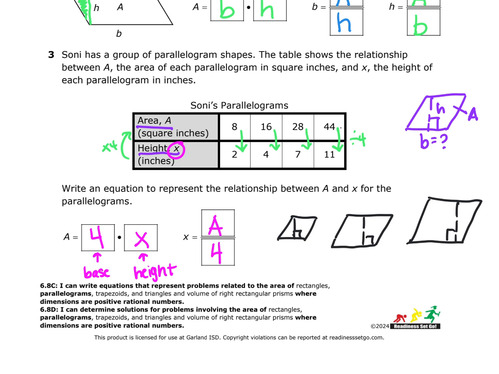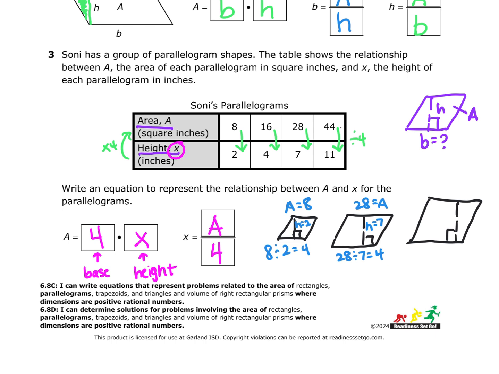We know that my area, given the data here, is 8, and my height is 2. How do we figure that out? We did 8 divided by 2, which gives me 4. The next one, let's just do 28. 28 equals my area, and my height is 7. How do we figure it out? 28 divided by 7 gives me 4.